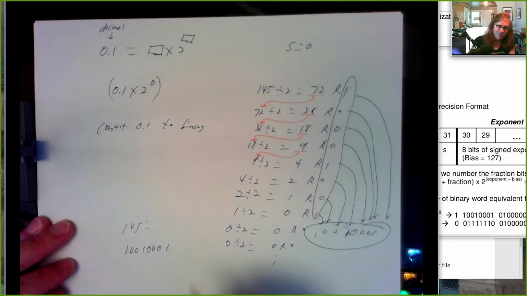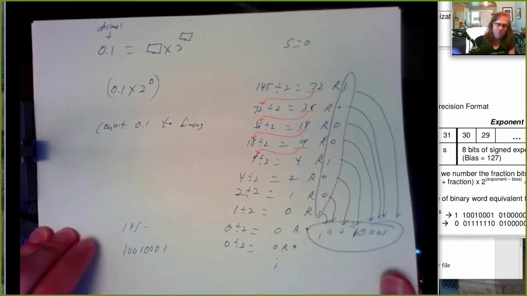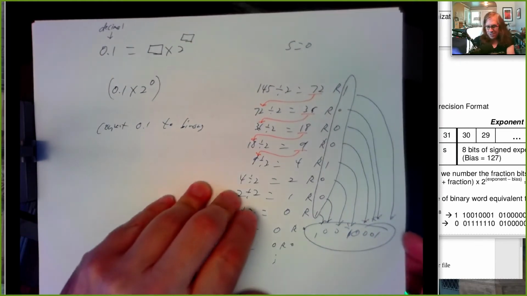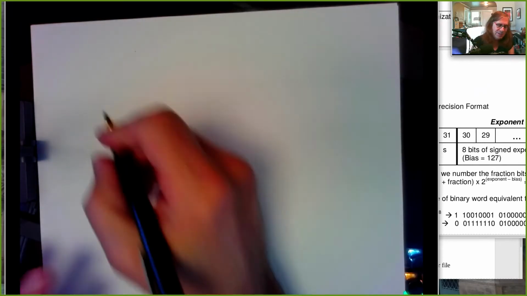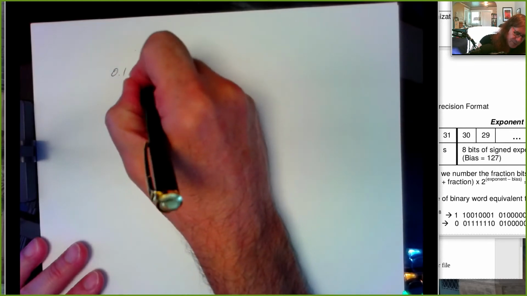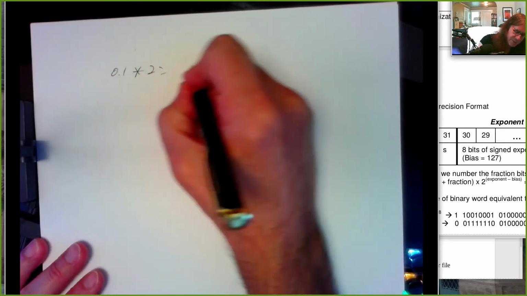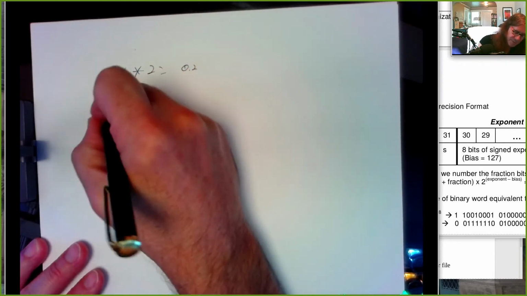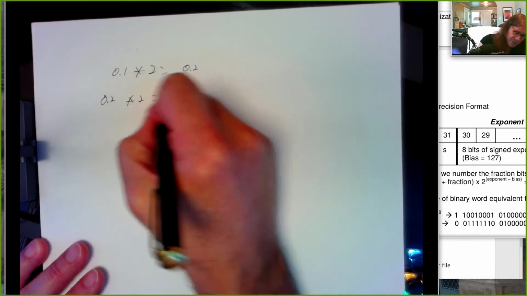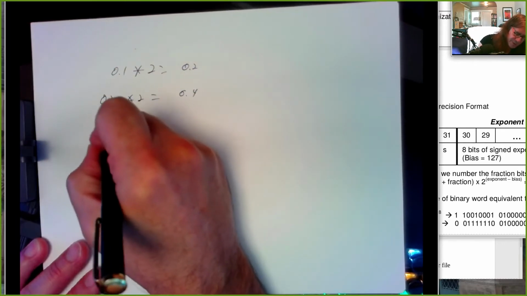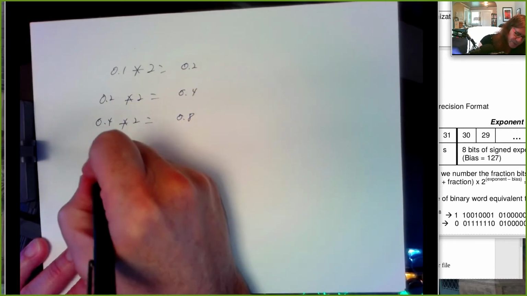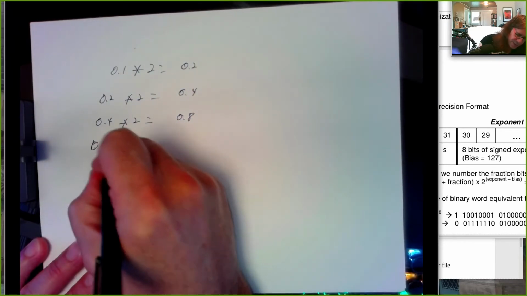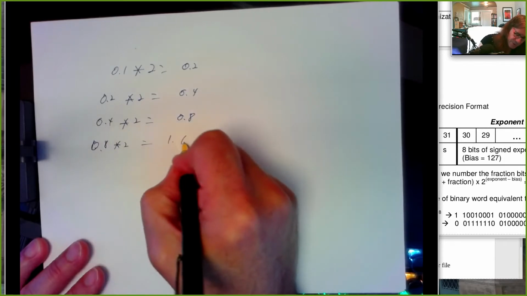So if we try to convert a number that's smaller than 1, like 0.1, we do the same kind of thing, but we multiply. So we say 0.1 times 2 equals 0.2. 0.2 times 2 equals 0.4. 0.4 times 2 equals 0.8. 0.8 times 2 equals 1.6.